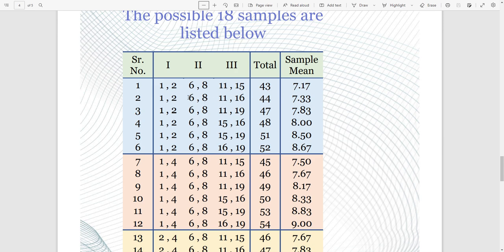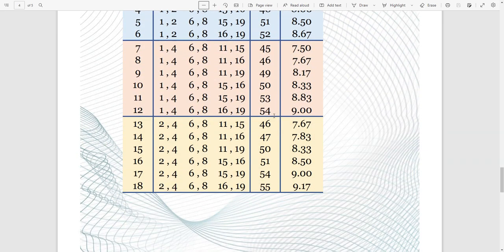For the second sample, 1 plus 2 plus 6 plus 8 plus 11 plus 16 is 44, and 44 divided by 6 is 7.33. The same procedure continues, and at the end 2 plus 4 plus 6 plus 8 plus 16 plus 19 totals 55, and 55 divided by 6 is 9.17.